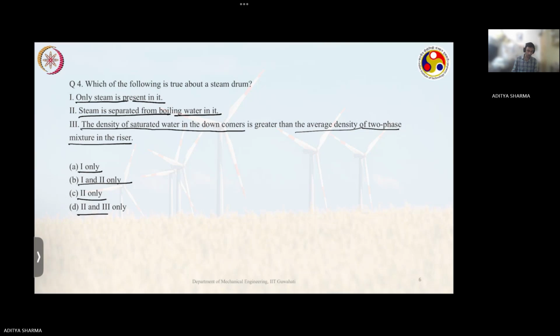So it boils down to only statement number 1 being incorrect. So option D comes out to be correct. 2 and 3 only are the correct options. So this is your question number 4.